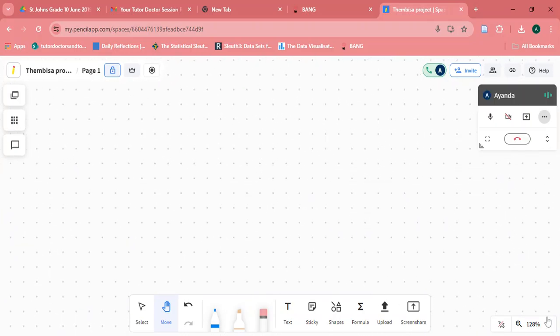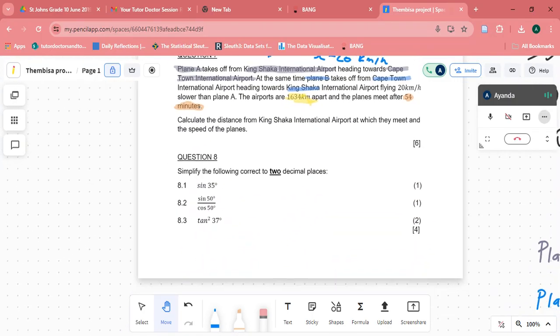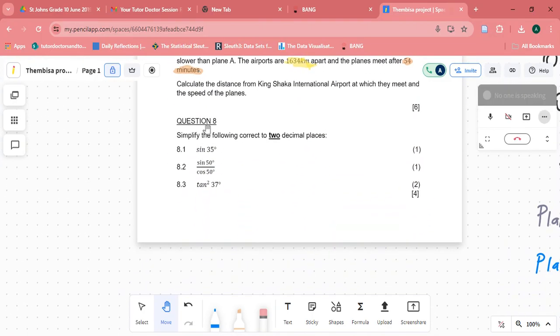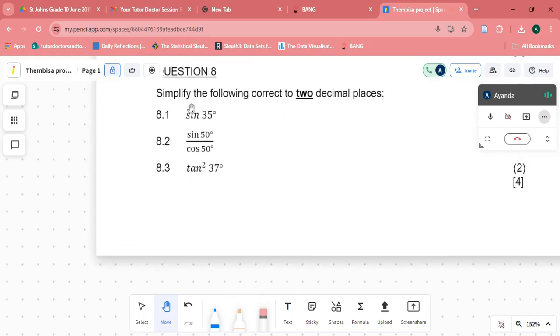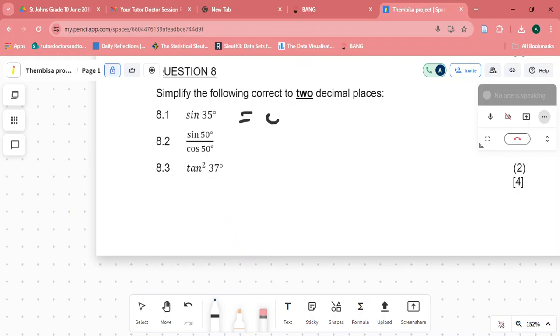Now for the last part of the video, we're going to do some trigonometry. Simplify the following to correct to 2 decimal places. Here we can just plug in these numbers into our calculators, and sine of 35 gives us 0.57. Remember, to 2 decimal places.